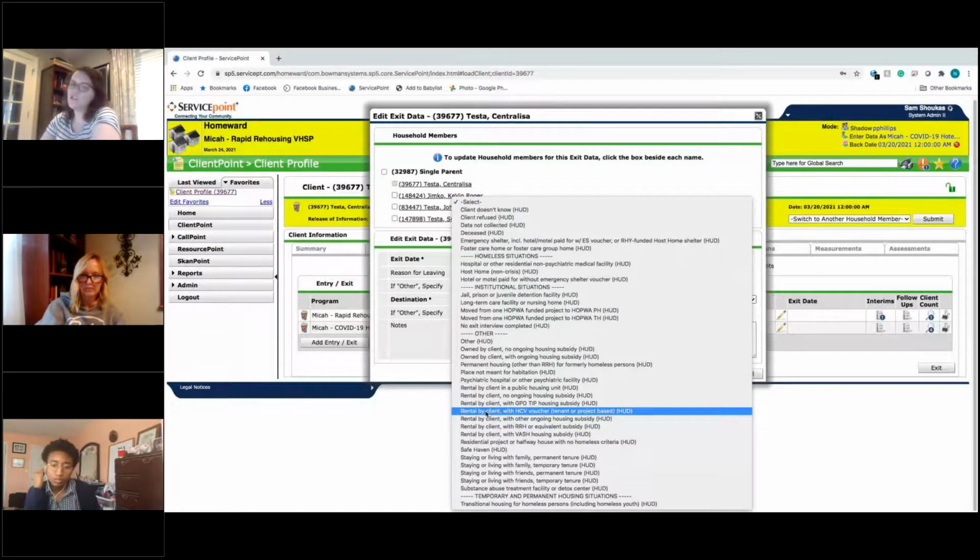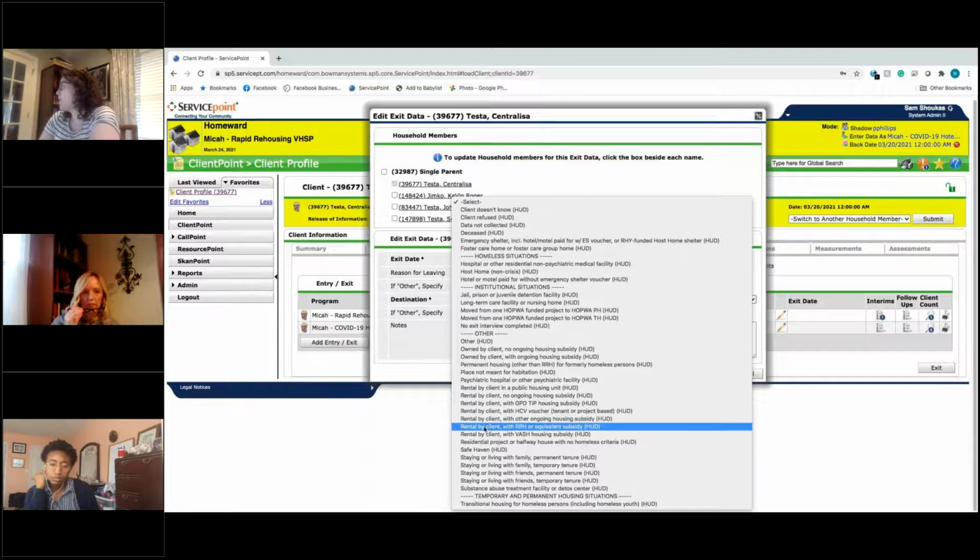HCV is housing choice voucher, so that should only be for people who actually receive a Section 8 housing choice voucher, which I can say in our community is also very rare. RRH is if they went with rapid. BASH, again, should only be used for veterans, as that is a veteran PSH project.